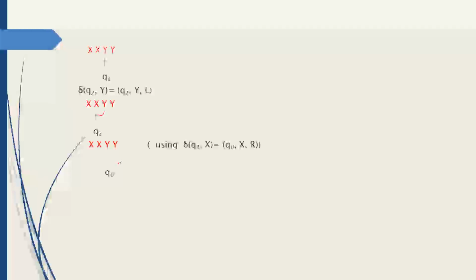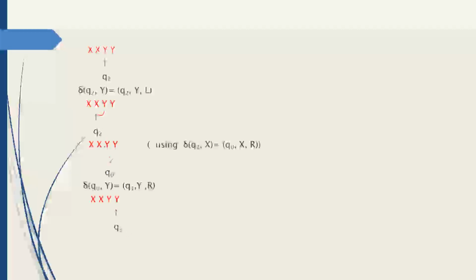So Q0 on 0 changes the state to Q1, but now it is Q0 on Y. What do I need to do? If you are in the state Q0 and input is Y, which indicates all the zeros are read, we tell it to change the state to Q3, let Y be as it is, move the cursor to the right direction. So we are moving the cursor to the right direction, which indicates that here it is changed to Q3.